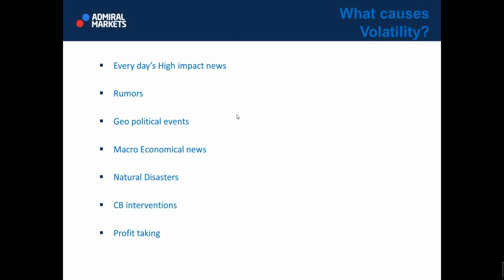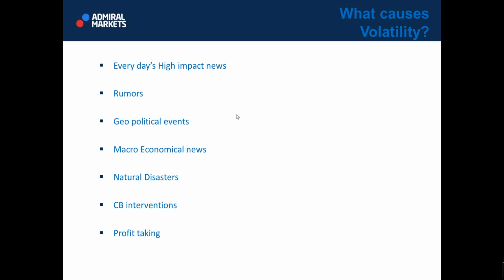Macroeconomic news, global news, then natural disasters. Try not to think of it, but if you want to think about a disaster, remember what an earthquake did to the yen some 3 years ago. Many people have lost their accounts during that time. Really, many people have lost their accounts.